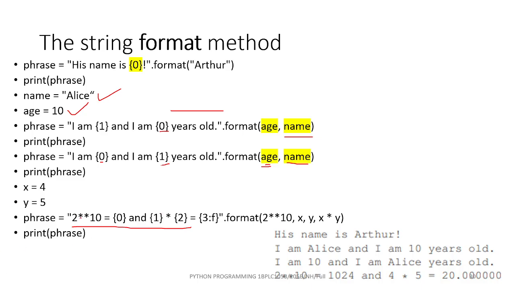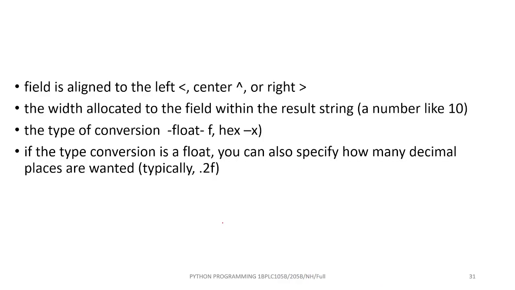Here, 2 into 10 is the zeroth parameter, and this will be taken. You can use quotes also. Then 1, this x is taken, x is 4. 2, y is taken, y is 5. 3 is x into y, 4 into 5, 20.